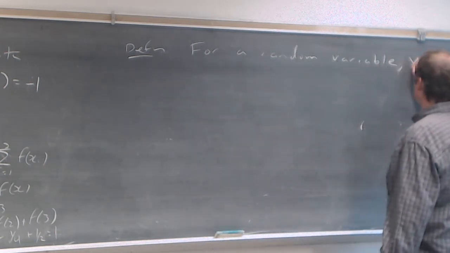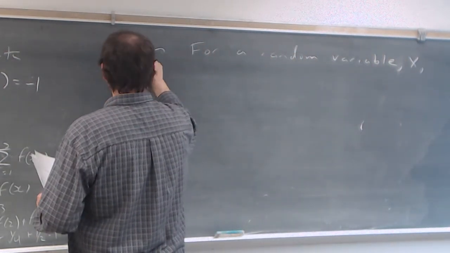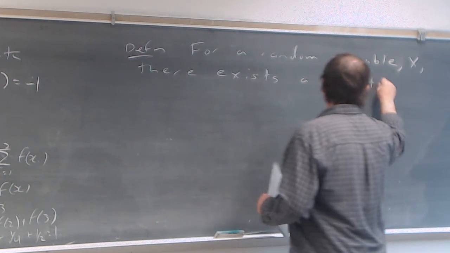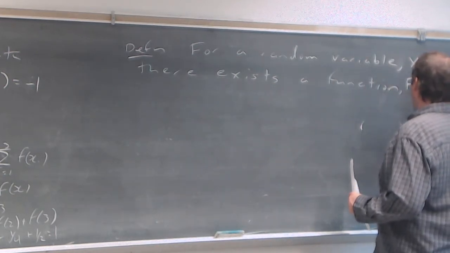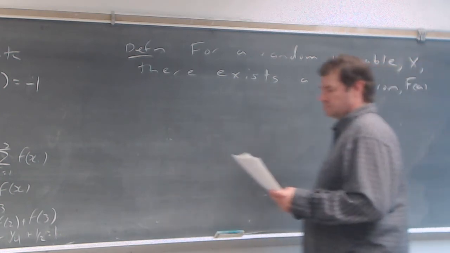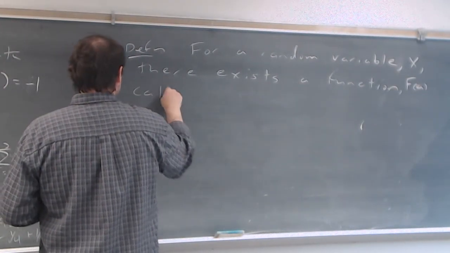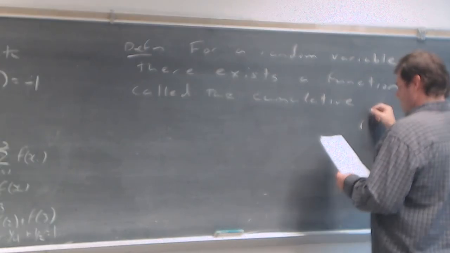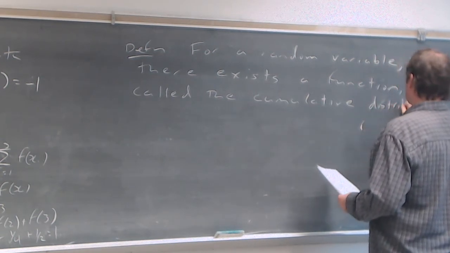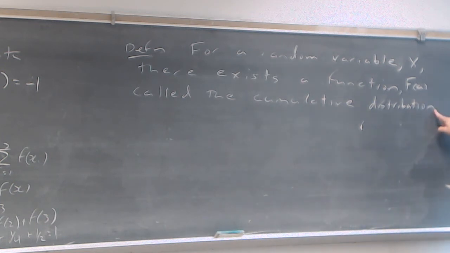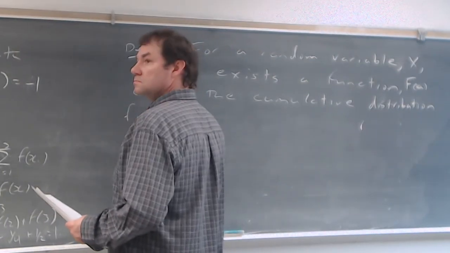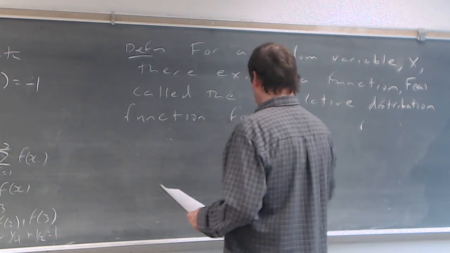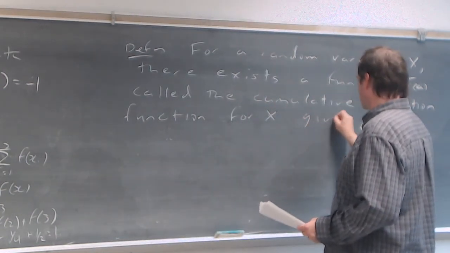Let's call the random variable X. There exists a function, I'm going to call it big F of little x, called the cumulative distribution function of X, given by, here's the way that it's defined.